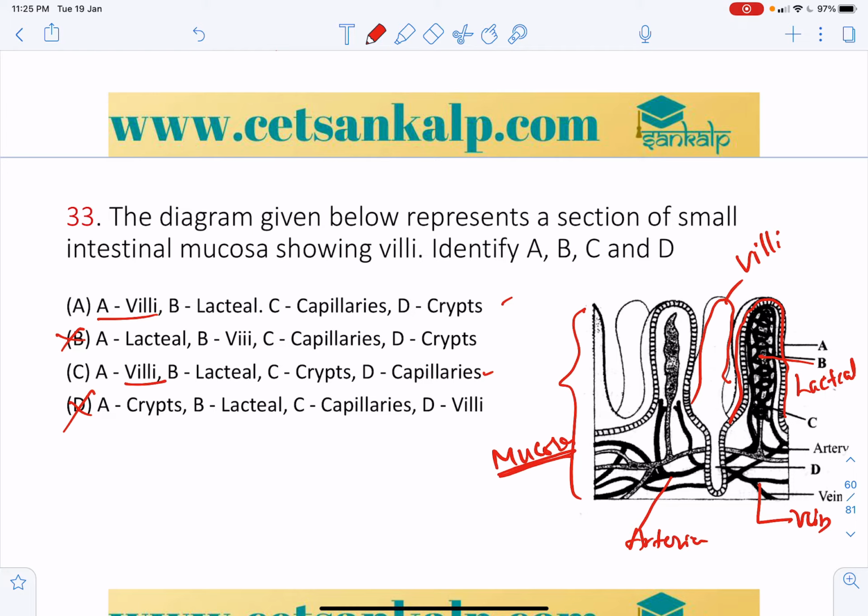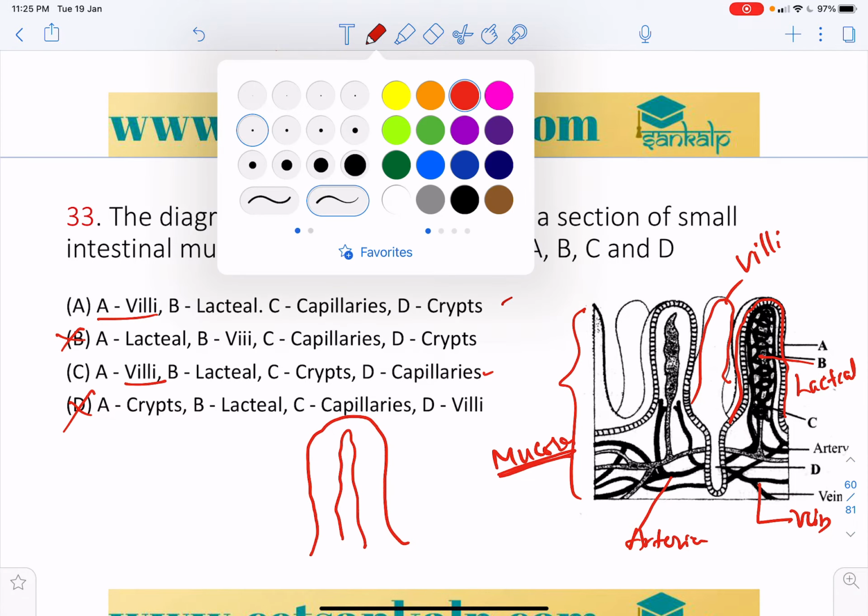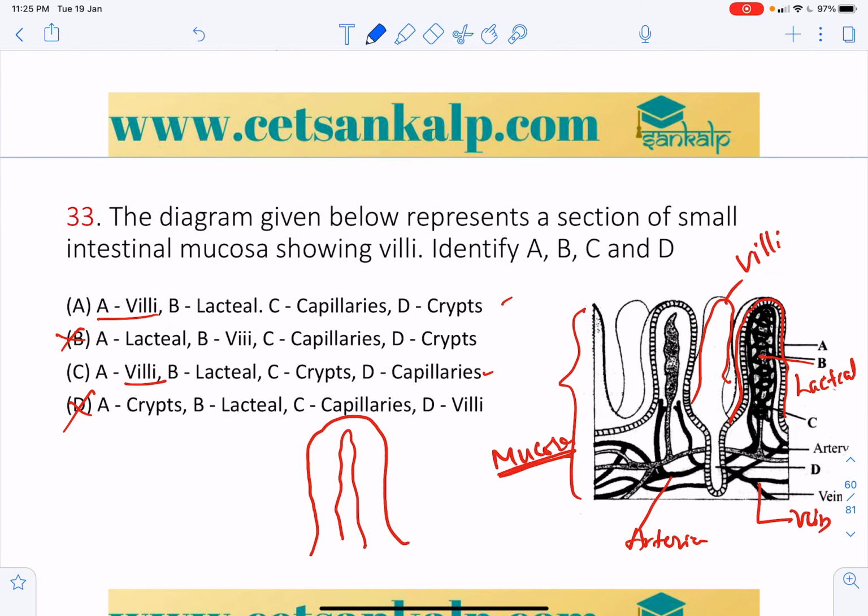B is lacteal, and C, these arteries and veins. If you consider this as the finger-like projection, the arteries will take some different color, and here they form a network of capillaries.